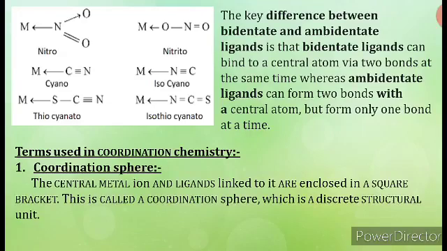So we can say over here that those particular ions or atoms or molecules which are combined together through coordinate covalent bonds, they all together generate an entity, a structural unit which is known as coordination sphere. Clear? And this coordination sphere is denoted by square bracket. Like here I have written one example, [Cu(NH3)4]Cl2.